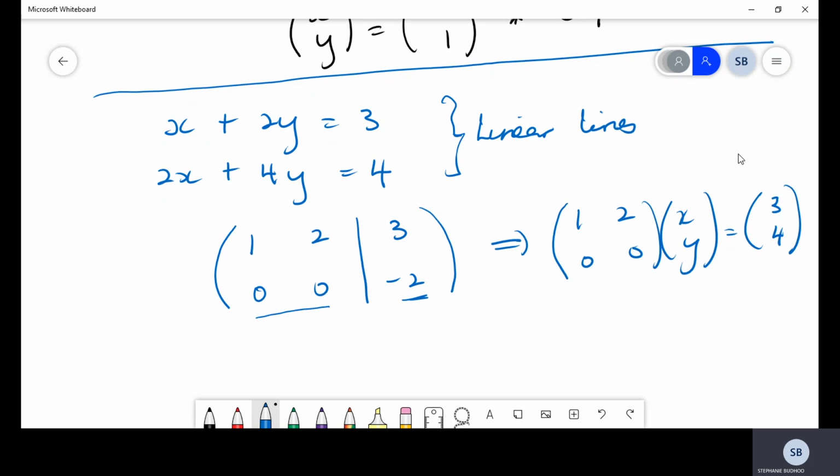Multiplying that out, the solution is telling us that x plus 2y gives us 3, as well as 0x plus 0y giving us 4.